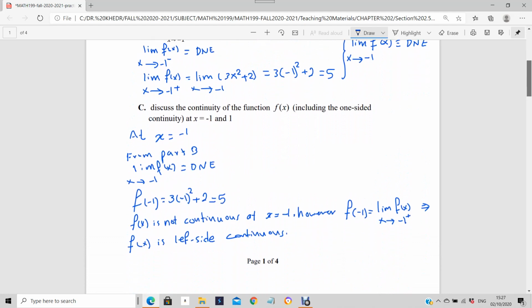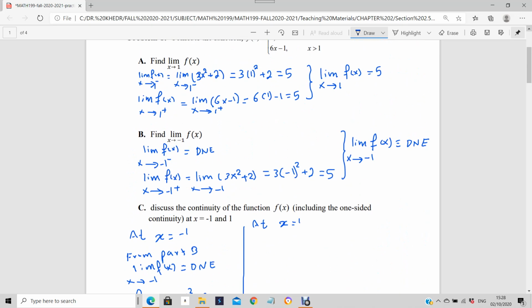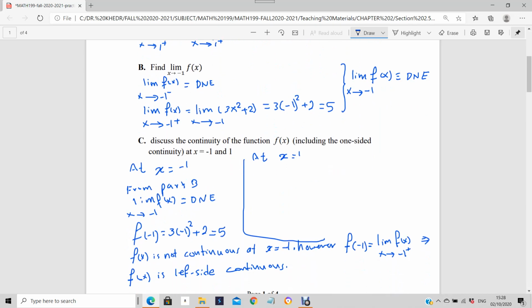Now at the second point, which is x equals 1, we have also to do the same test. We have to apply the same test. So at x equals 1 here, we have to find the limit. So from part A, what was the limit? From part A, the limit was 5.